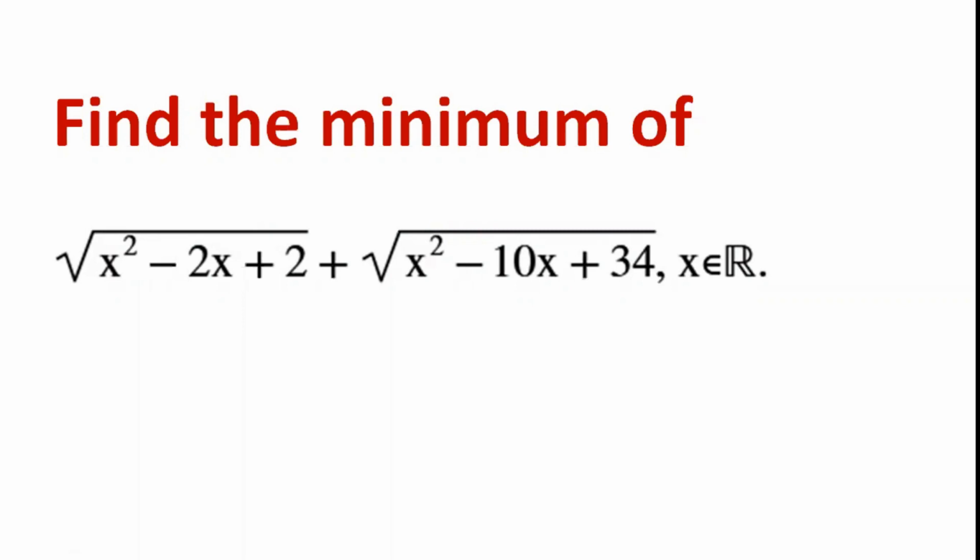Find the minimum of root of x squared minus 2x plus 2 plus root of x squared minus 10x plus 34. X is a real number.